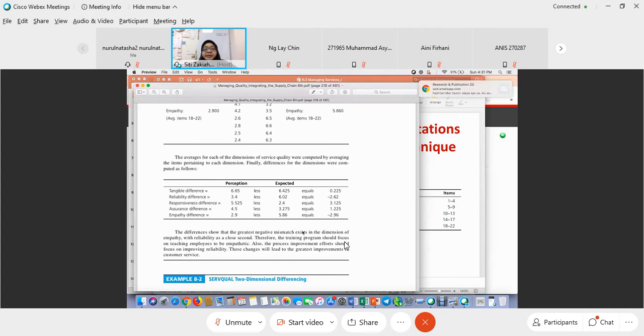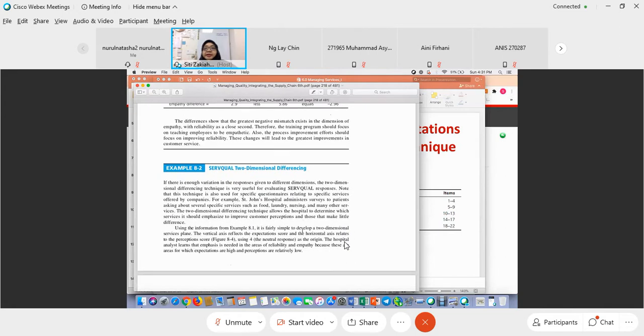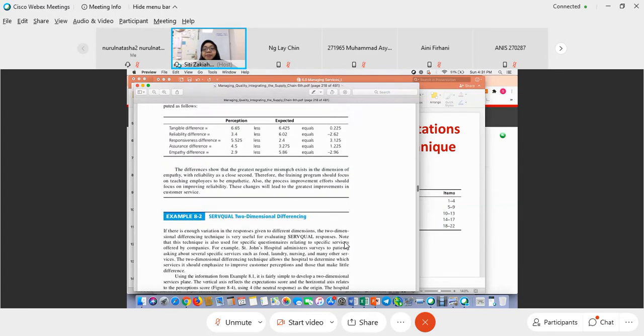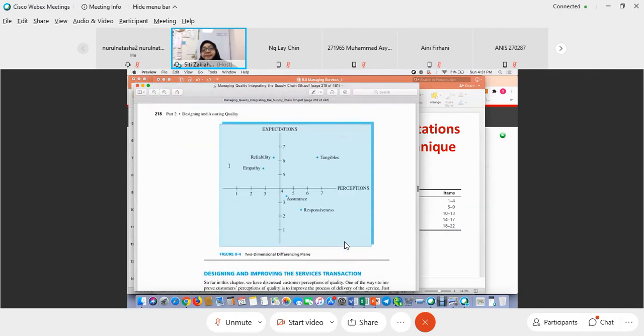Okay? There's also another way where you show it in a graph format, like service gap two-dimensional differencing. Here you just see on paper. So you put it on an x and y axis. You plot. Okay, the center is number 4, right? So you can see these two, the one with negative value is here, right?